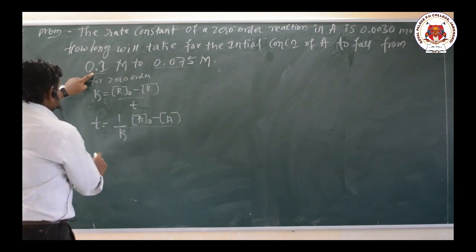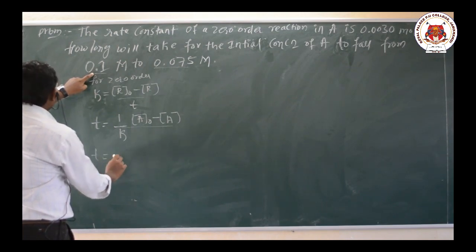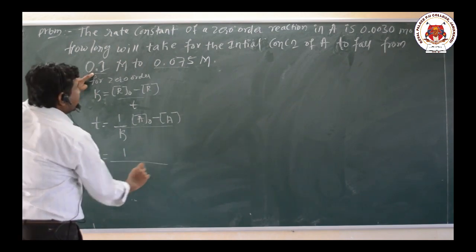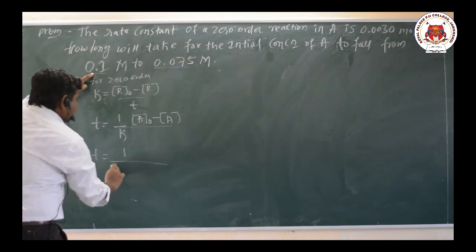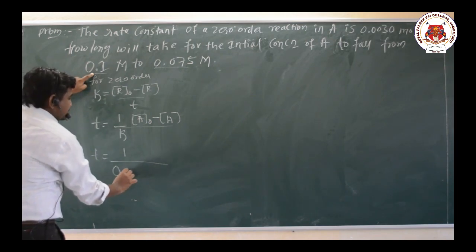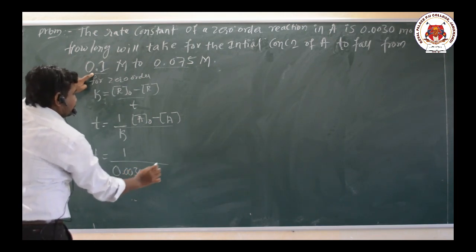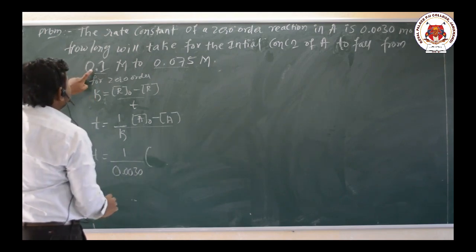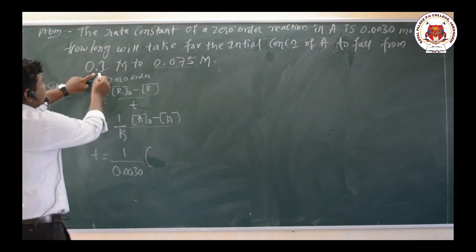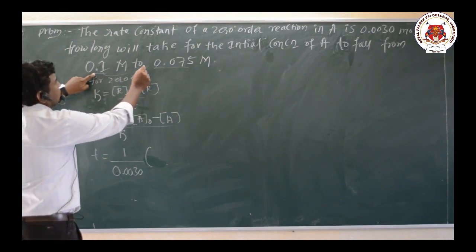Now t equal to 1 by k value. We know they have given the rate constant value, the k value is 0.0030, so I will write the k value 0.0030. Now the A naught value, the initial concentration, is 0.1, because the concentration falls from 0.1 to 0.075.